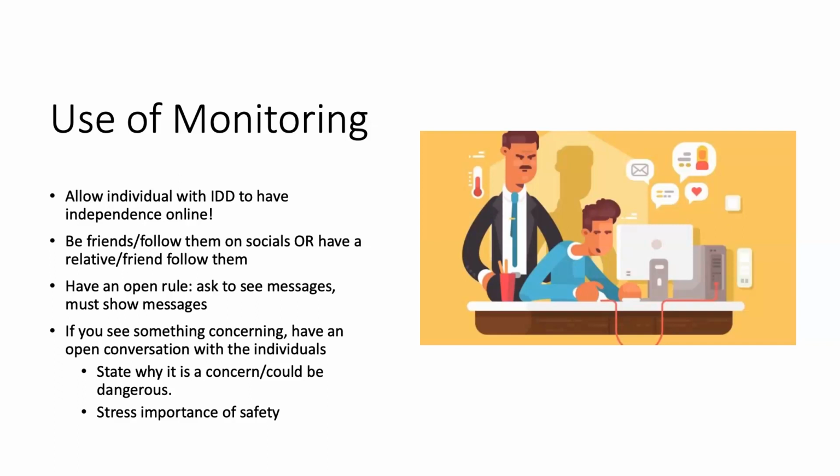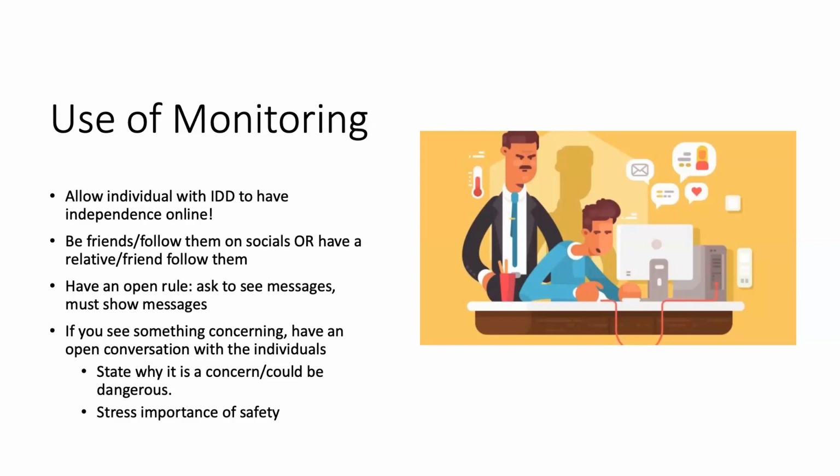And I've had ones where the parents have an open rule and they say, all right, sometimes I'm going to come up to you and say, can I see your phone? You have to give me your phone. So I've seen that be successful too, with just this open rule that they trust me online and I will show them what happens online.